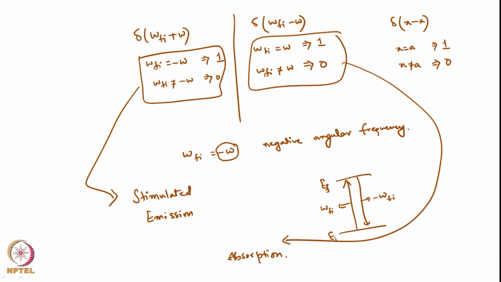Now let us go back to our probability, that is nothing but Pf of t is equal to 4 pi square E naught square by h bar square, omega Fi by omega square, modulus of.